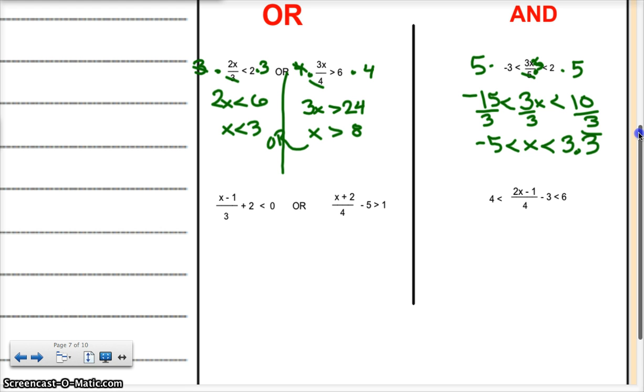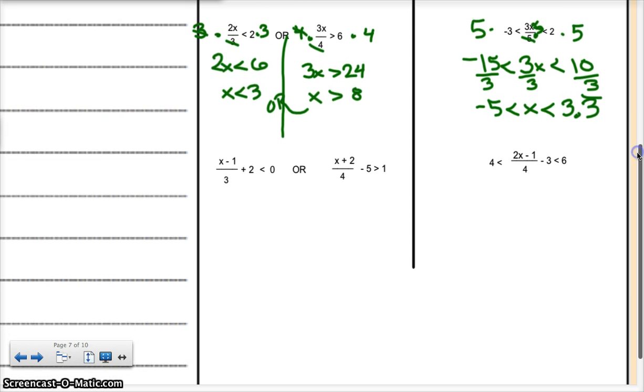All right, now we're going to bump up the rigor. You do not get rid of the denominator first in this next example. Do you know why you don't get rid of that denominator first? Because I don't only have a fraction left.